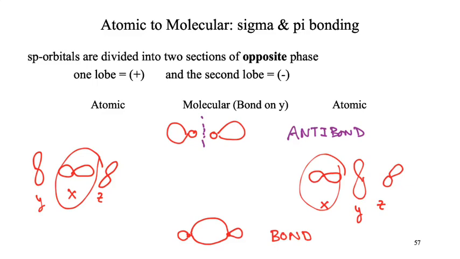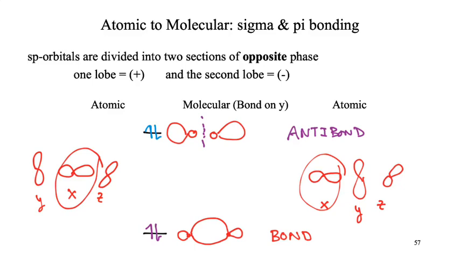Why is that important? Okay. How many electrons fit in each orbital? 2. So if I put 2 electrons in here, what would I think about the interaction between these two atoms? Did they form a bond or not? Yes, they formed a bond. What if I put 2 more electrons into the molecular orbital? Cancel out.